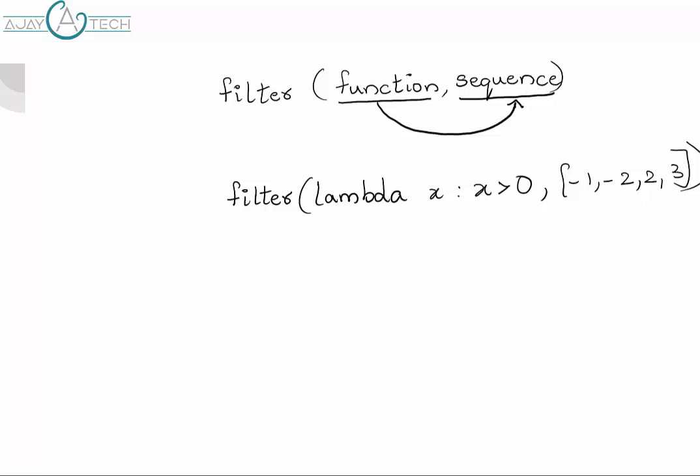This particular function checks if the condition is true for each element in the list. Only if the condition turns out to be true, only then the element is included in the output list. So let's see an example to understand the filter function.